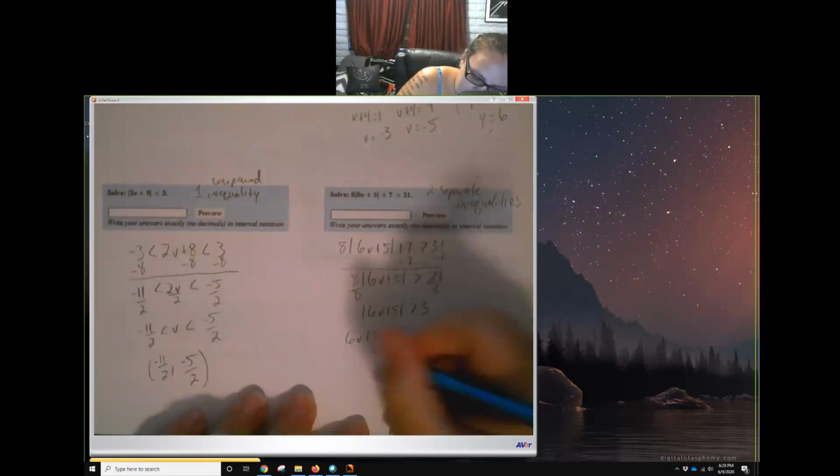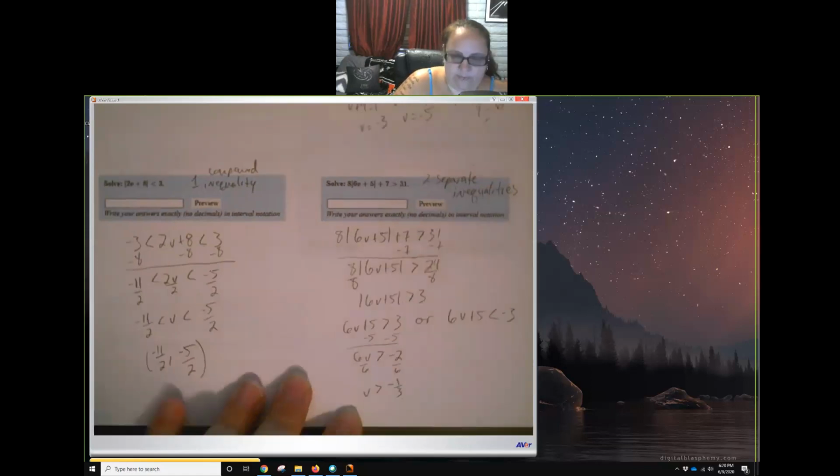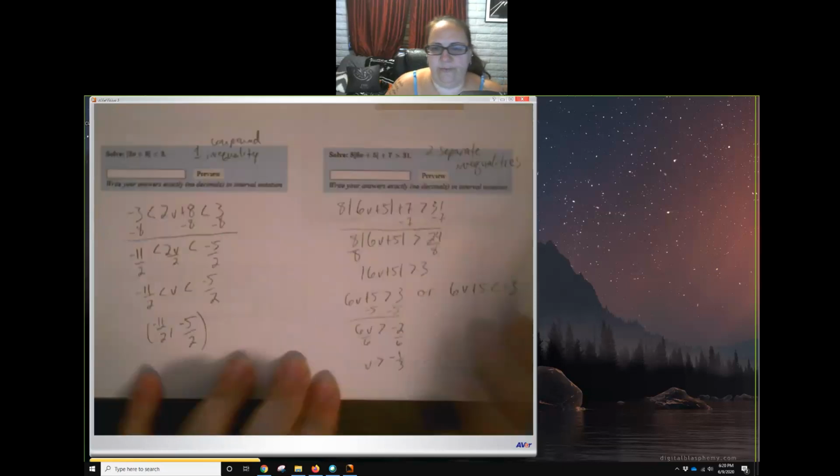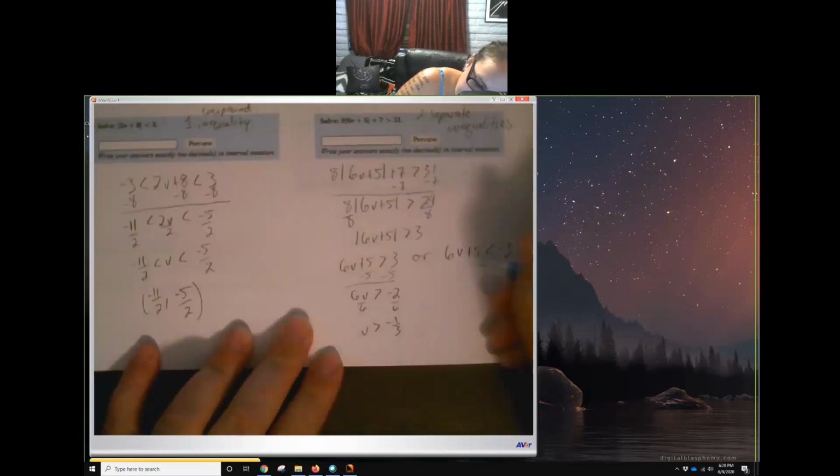So subtract the 5. Divide by the 6. Or subtract the 5. Divide by the 6, so that's negative 4/3.